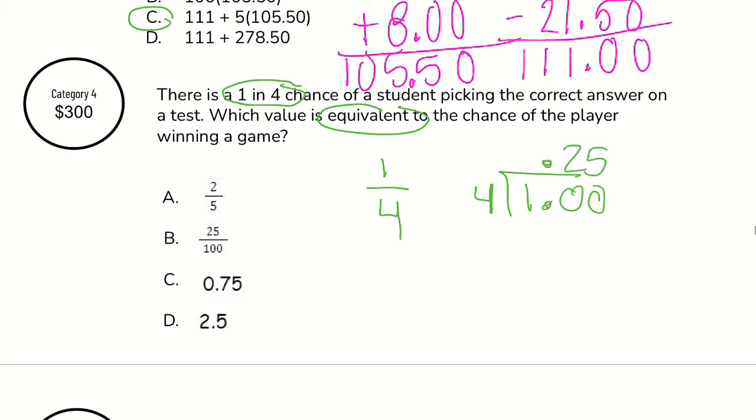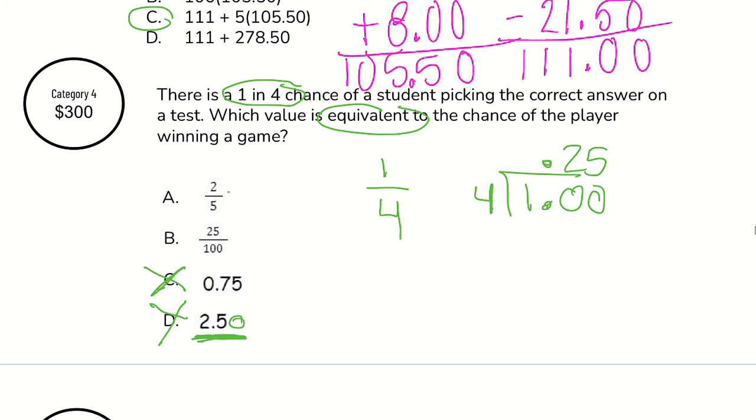But we also know it's 1/4 and it's 25 cents. So this kind of looks like 25 cents, but is that the same thing as 25 cents? No, $2.50 is way bigger. Also you could say that, a decimal with place value trick, to help you find the right answer. Okay, is 75 cents the same as 25 cents? No. Is there any way I could turn 1/4 into 2/5?